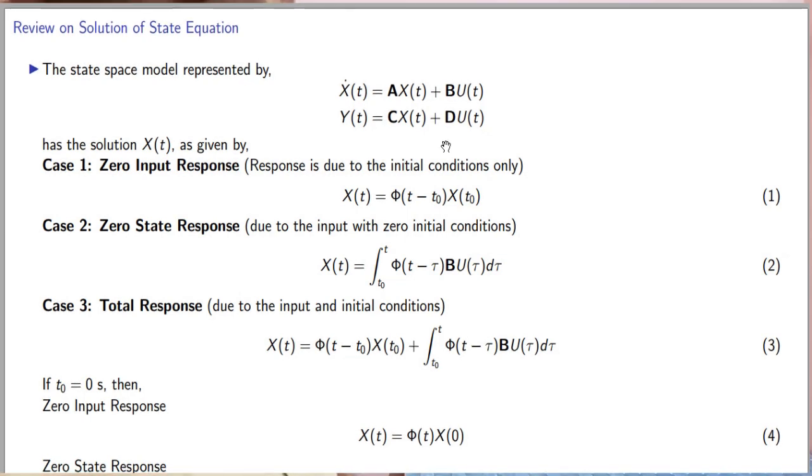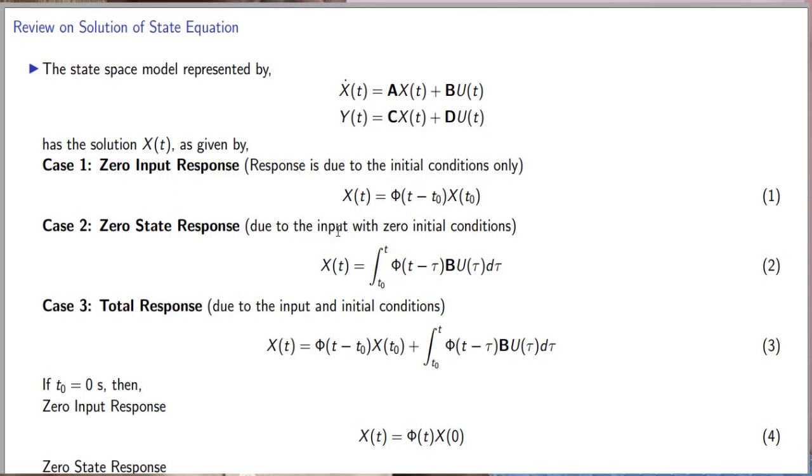In the last two lectures, we saw how we can get the solution of the state space model x dot of t is equal to A x of t plus B u of t. We found that the solution contains two parts, namely the response due to the initial conditions and the response due to the input.